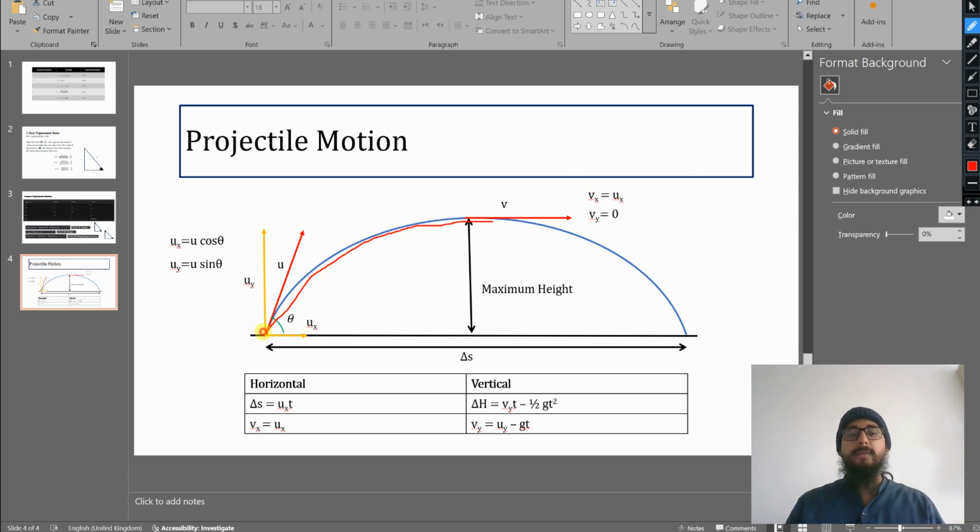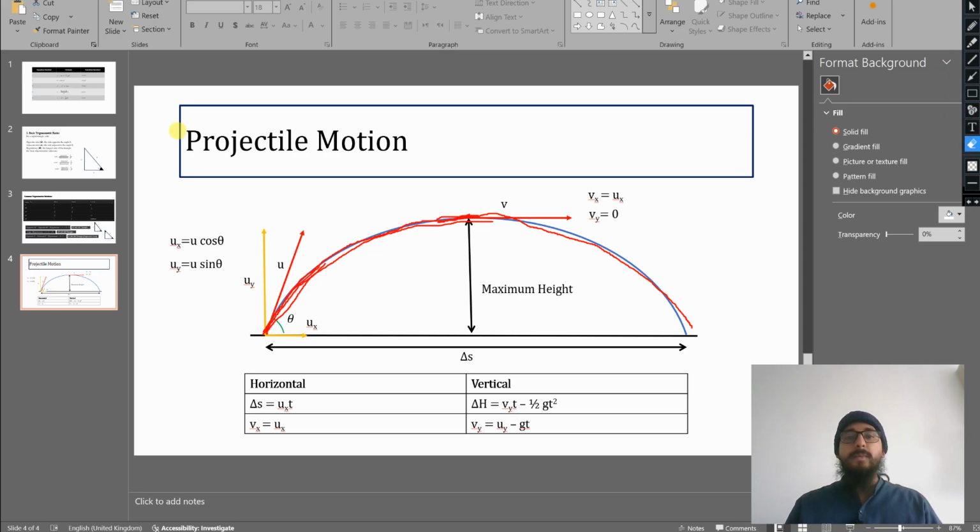So for example, if you throw a ball, then it will move up, and at some point it will stop moving up, and then it will go down until it reaches the ground. So this is projectile motion, right?